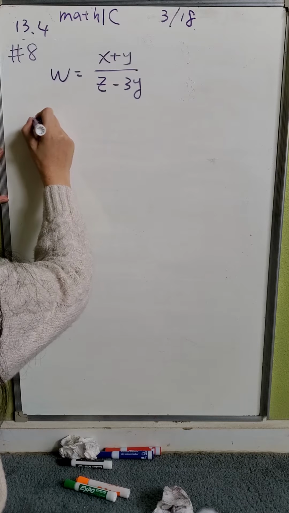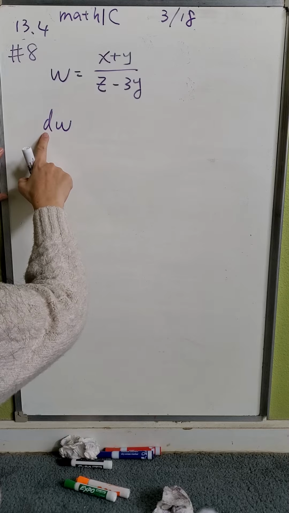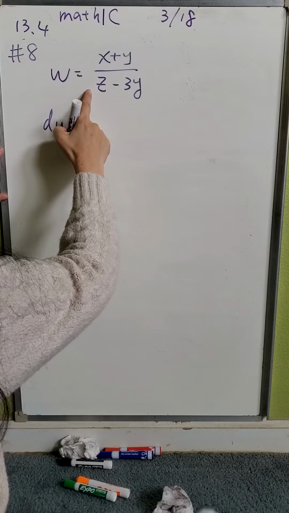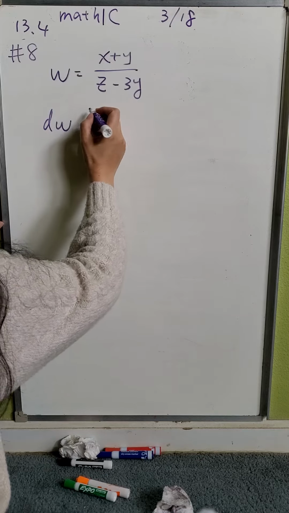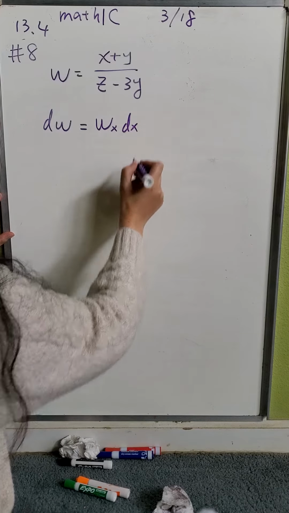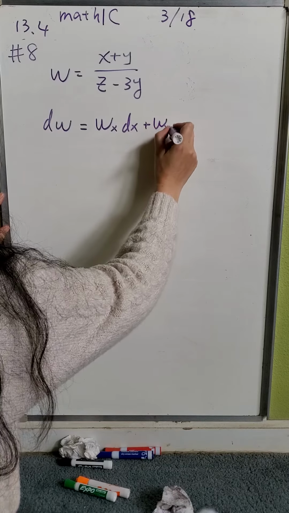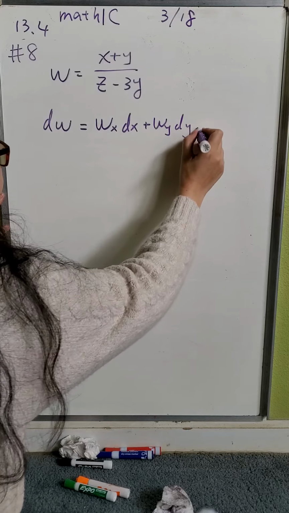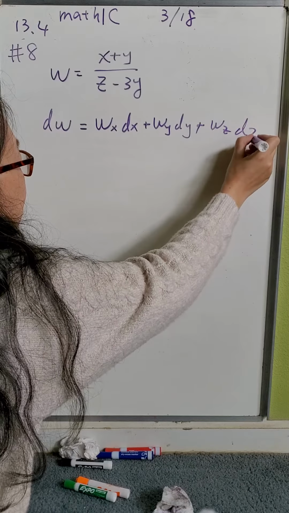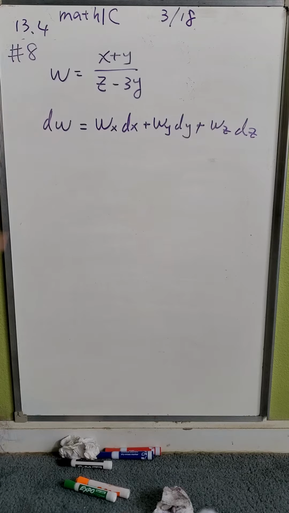Total differential for w, they use the notation dw. This means a total differential, which is equal to the partial for x, w sub x, dx, plus the partial for y, w sub y, dy, plus the partial for z, w sub z, dz. And these all together make the total for w.